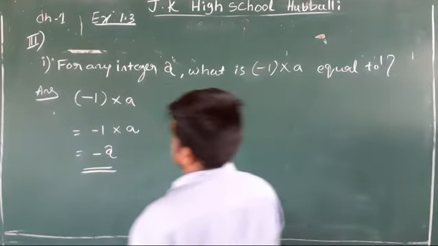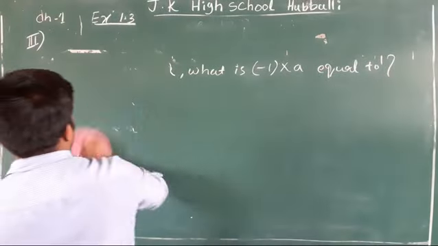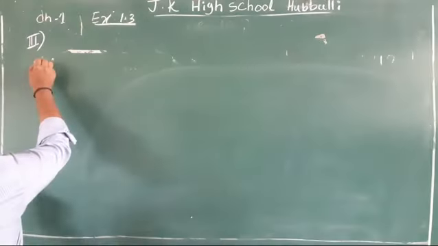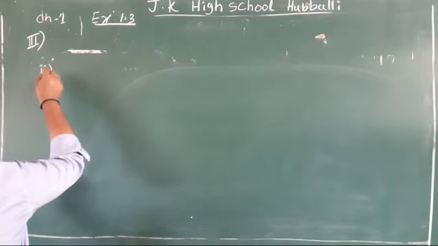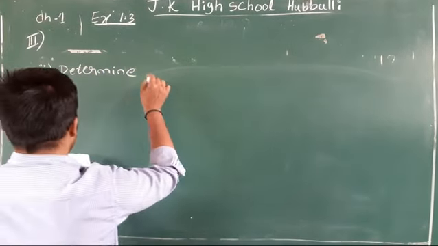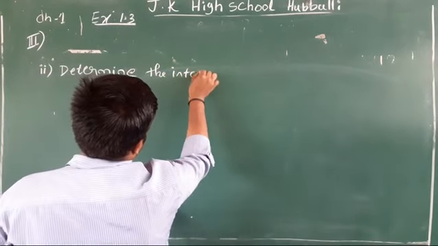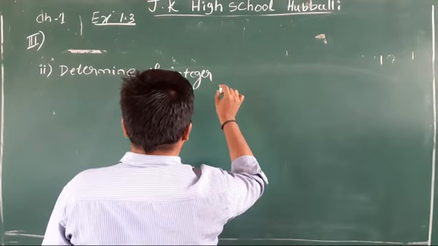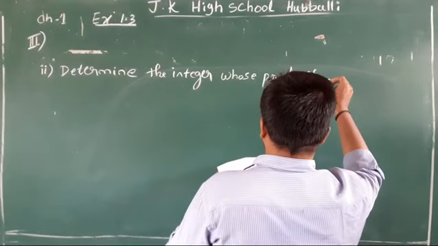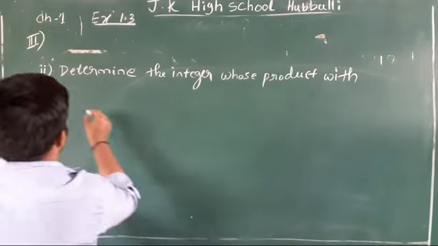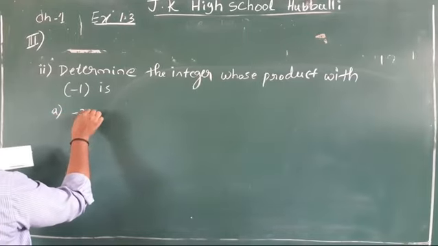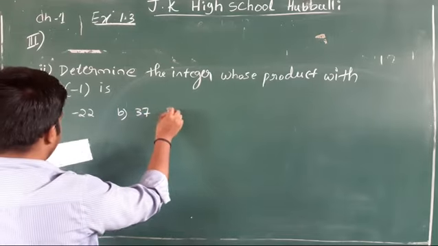Second question: determine the integer whose product with minus 1 is: a, minus 22; b, 37; c, 0.